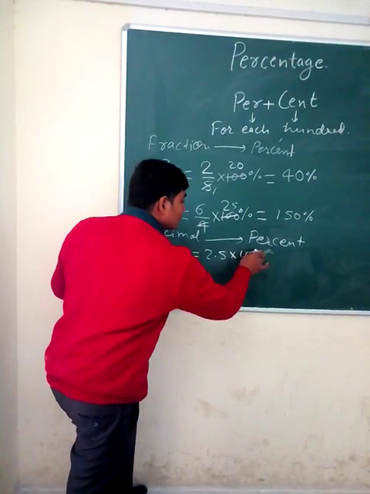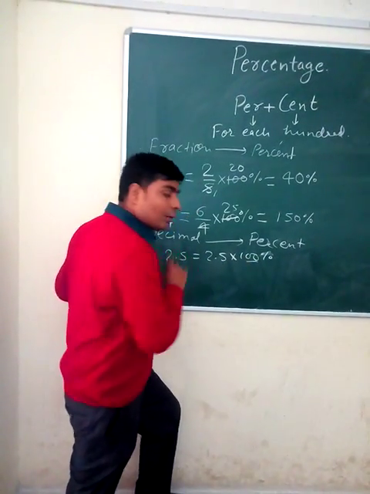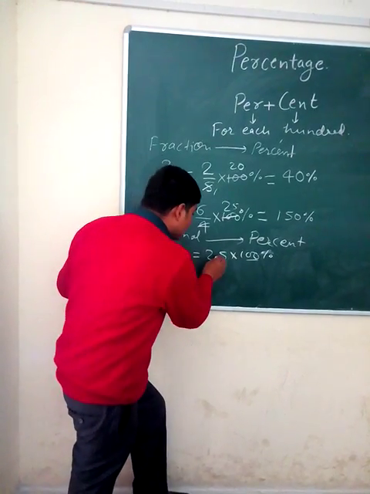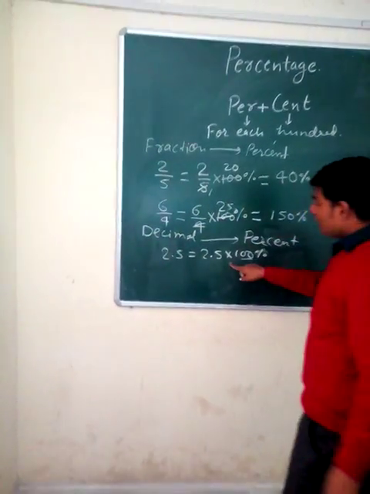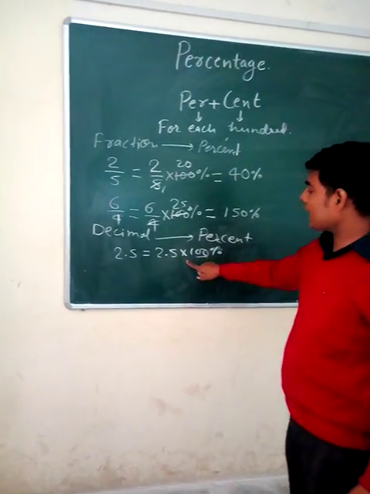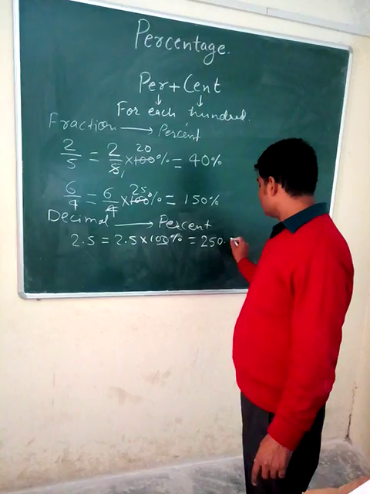And you know, by multiplying by 100, this decimal just changes its place. This decimal comes to the right side and it will be 250.0%.